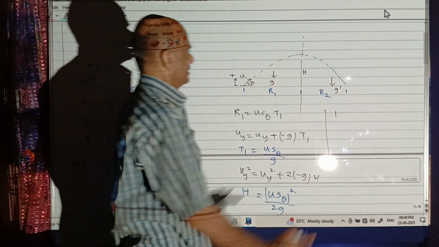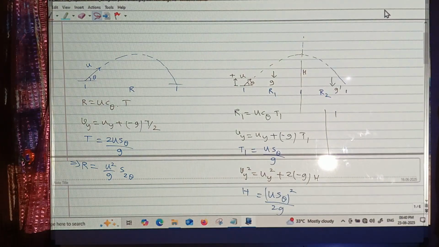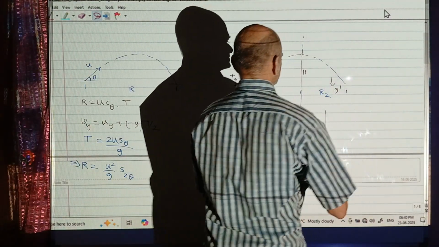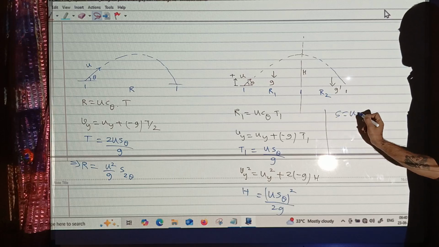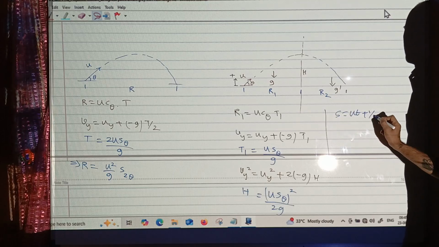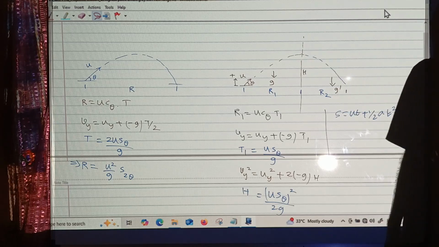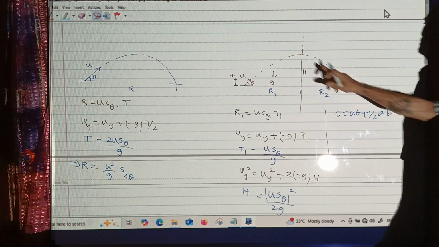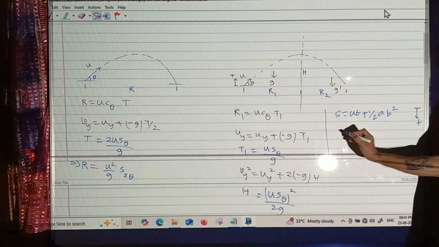So between these 2 points, the displacement is H. Now if we use s equal to ut plus half at square, between these 2 points, for this second half of the motion, my coordinate system will be like this, the y direction. I'll take the downward direction as positive, and this is the origin, the maximum height point. So between these 2 points, the displacement is plus H because the downward direction is positive.